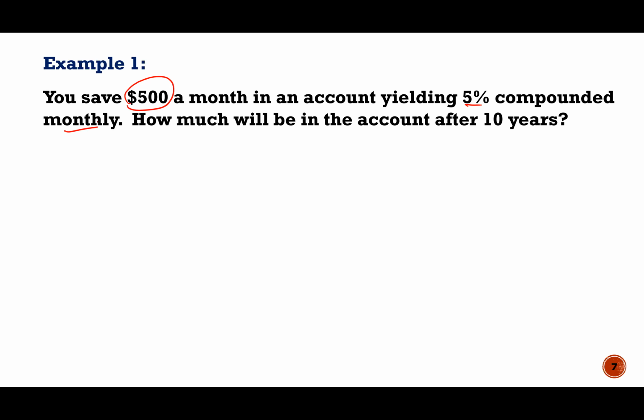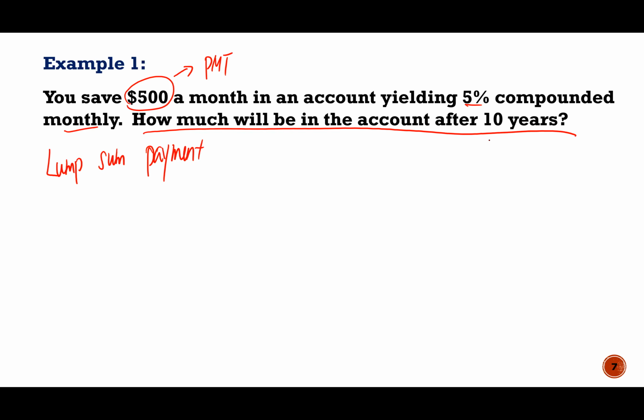So now think about this. This is a PMT, meaning this is a fixed payment, $500. But another question is, is this lump sum payment at present time or future time? We want to see how much will be in the account after 10 years, right? So after 10 years, that's future time.